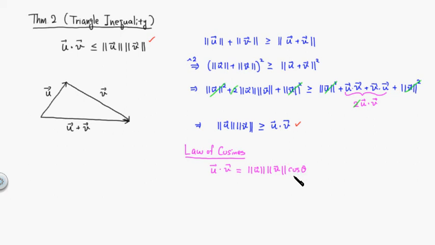But remember that cosine theta is always less than or equal to 1, so this is less than or equal to the norm of u and the norm of v.